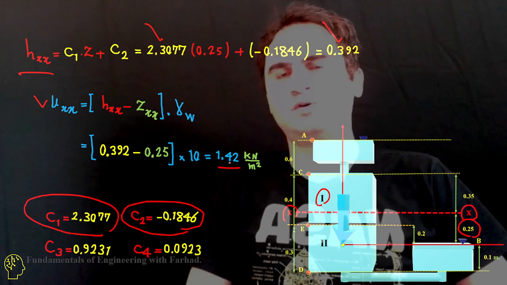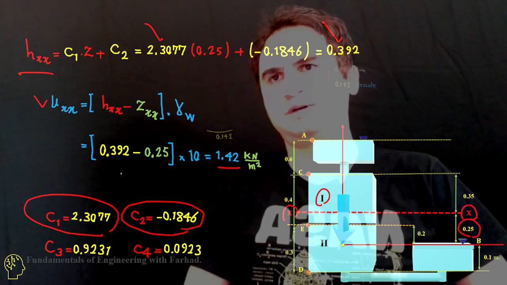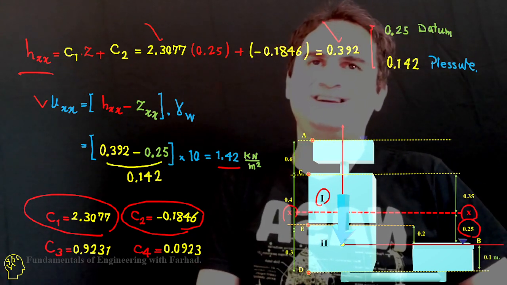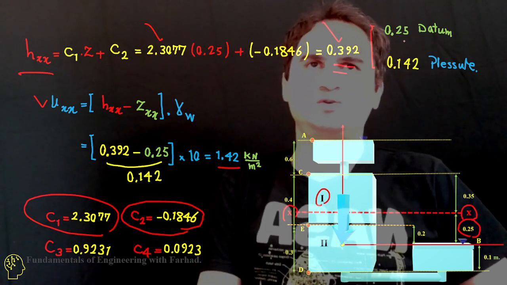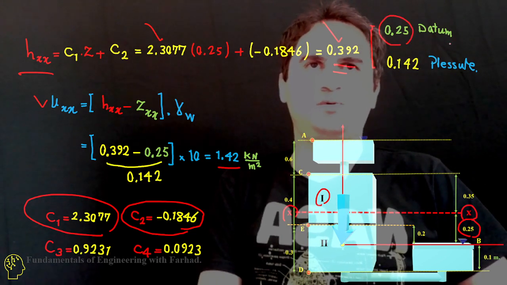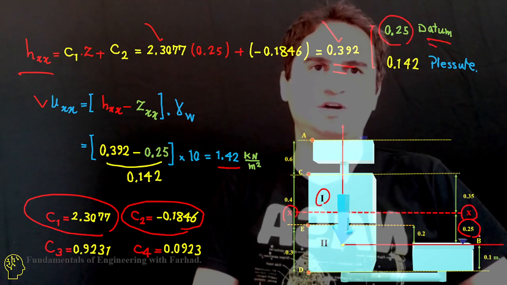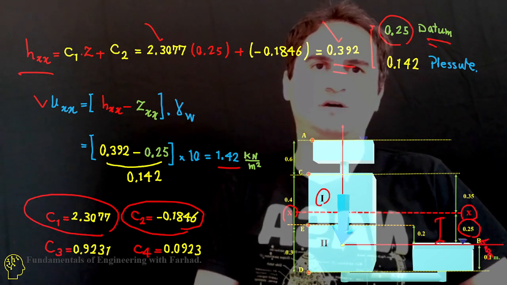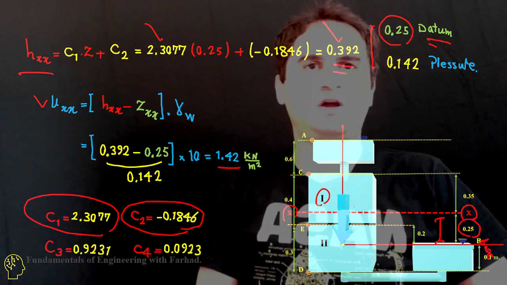UXX, which is 1.2 kilonewton per meter squared. And this part, HXX, goes to 2 parts: 0.25 from the datum, which is the height of water from the base, the distance from our base to line XX.